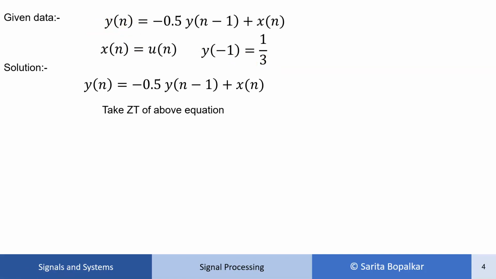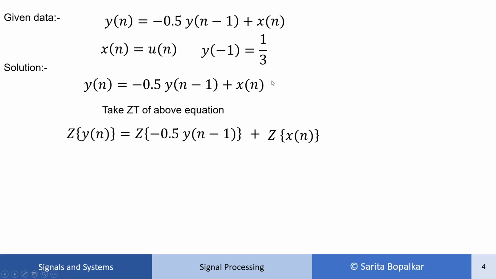Now let's solve this difference equation. Apply Z transform. While applying Z transform, we have to use the unilateral Z transform because these initial conditions are given. So we take the Z transform of y of n, then the Z transform of this first term plus the Z transform of this second term. The Z transform of y of n is y of z.